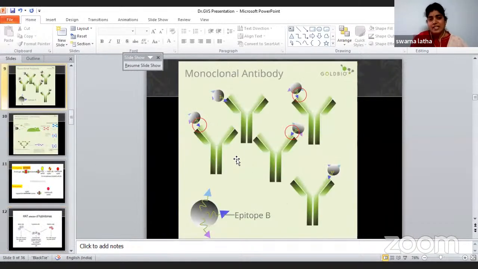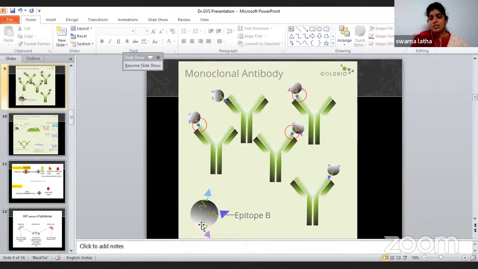So research has further progressed in order to develop monoclonal antibody production. Here, what is a monoclonal antibody? A group of antibodies that are developed from a single B cell and which show specificity towards one particular structure, we call a monoclonal antibody.